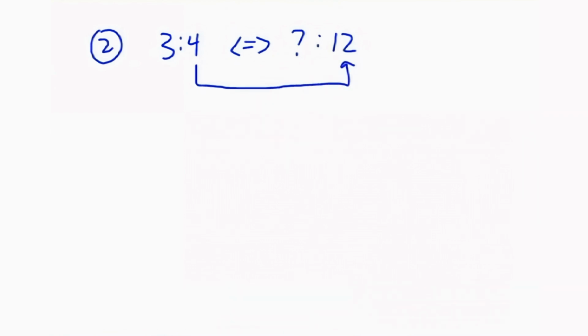Because these are ratios and proportions, you're always multiplying or dividing. So 4 turns into 12 by multiplying by 3. So we would have to multiply 3 by 3 to figure out what this unknown is. And the unknown is going to be equal to 9.